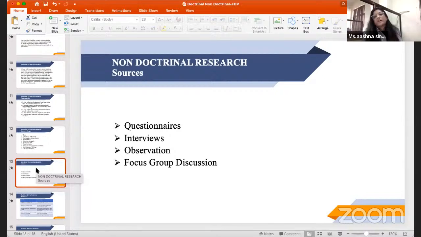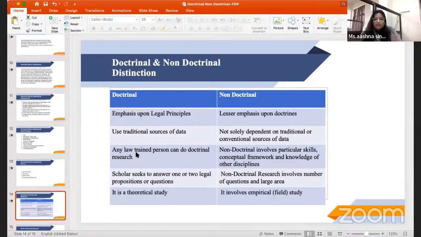Now, drawing a comparison between the two types of approaches that are there, doctrinal and non-doctrinal. Doctrinal emphasizes the legal principles. Non-doctrinal, there's lesser emphasis on the doctrine. For example, when I talked about the digital platforms bit, the theory part would be covered by the Competition Act, 2002, predatory pricing.